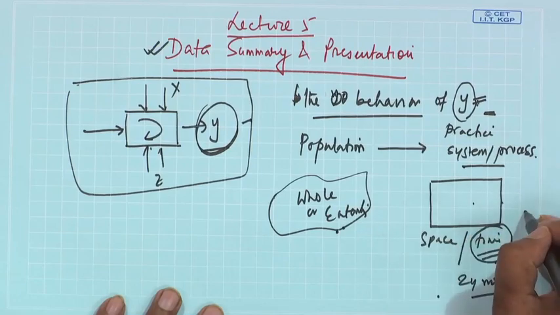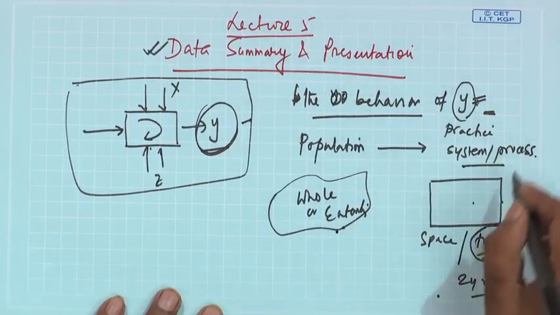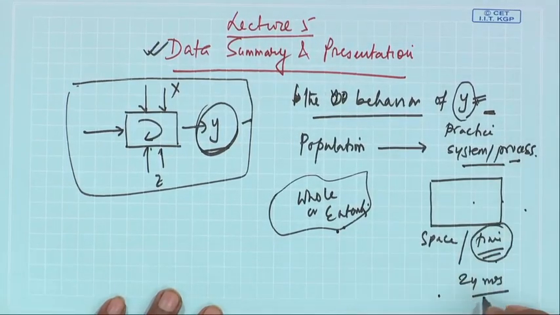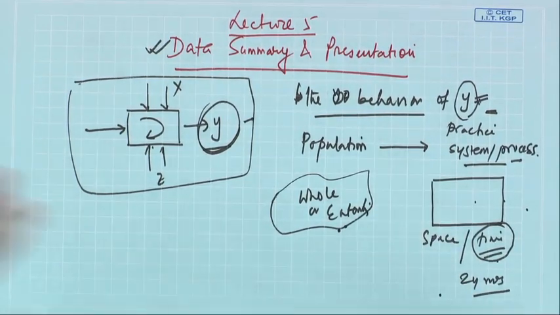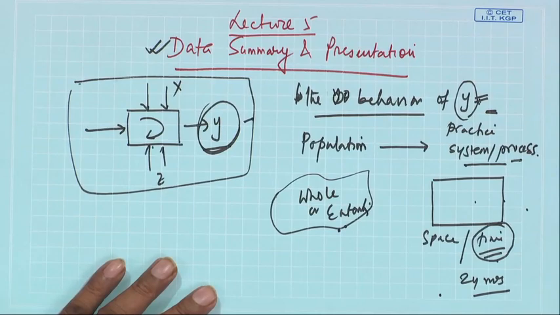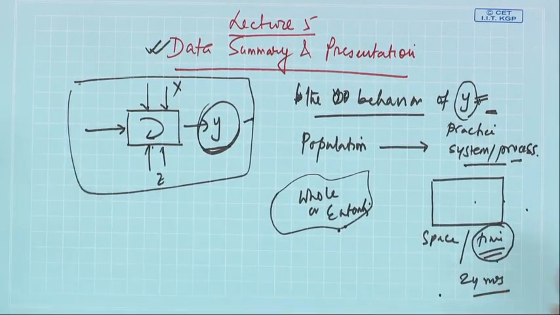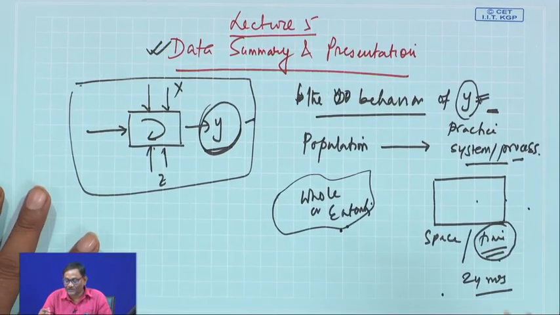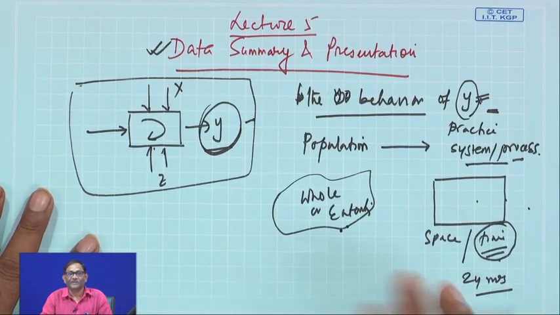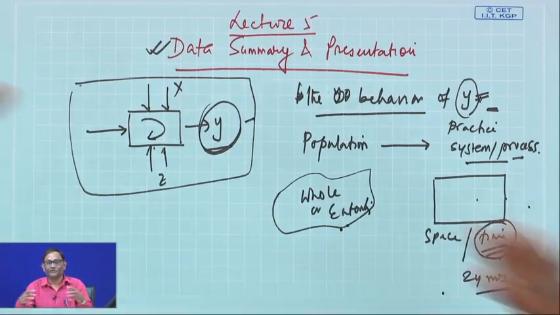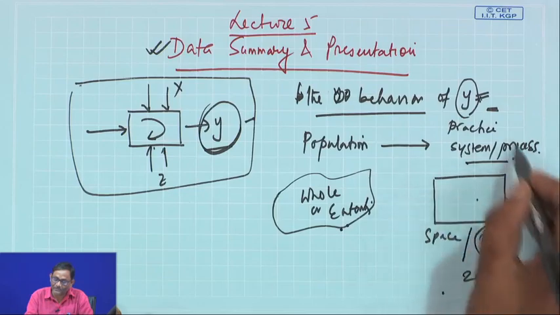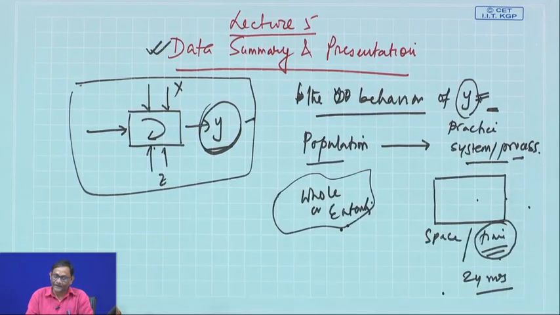Suppose I consider the entire lifespan of the system or the process, then we can do lakhs or millions of such experiments, or in real life, in the entire life cycle of the process or the system, there will be billions of uses or millions of items produced. All those taken together will represent the population.